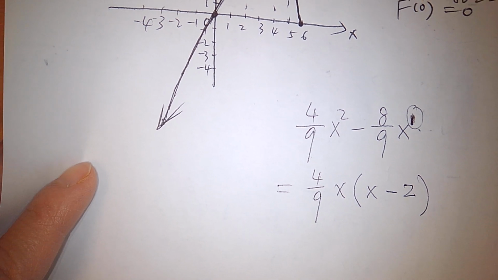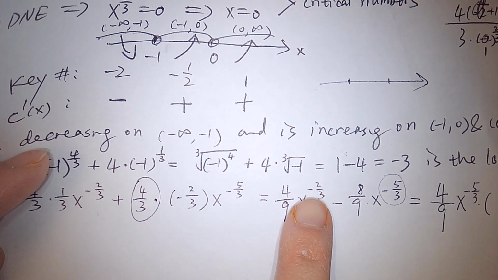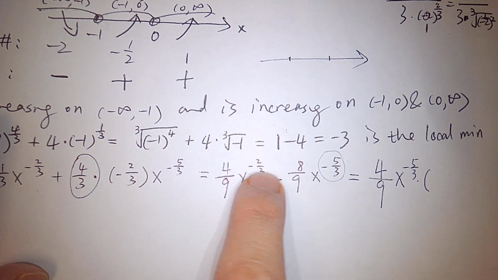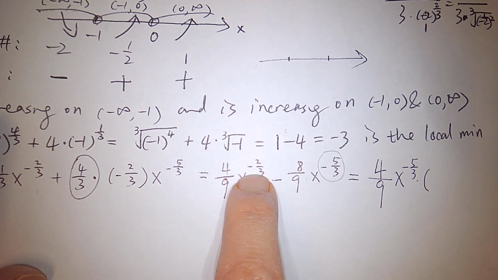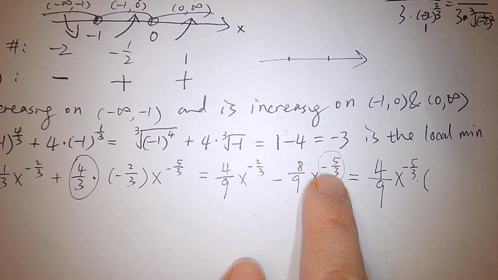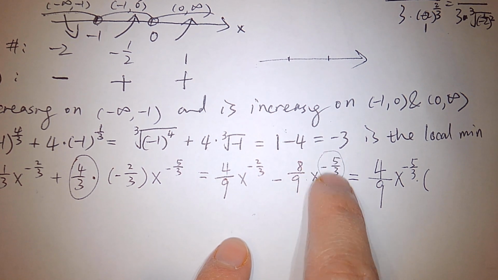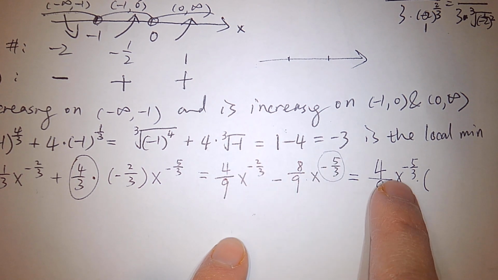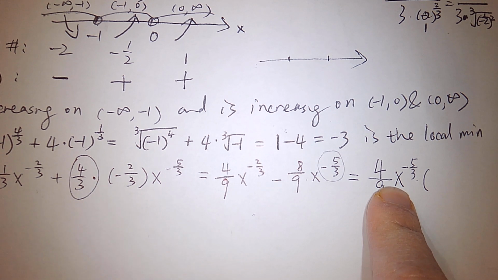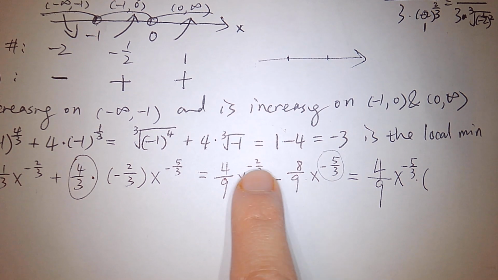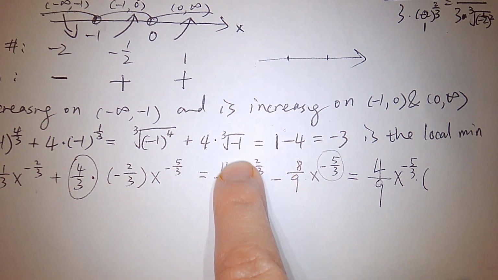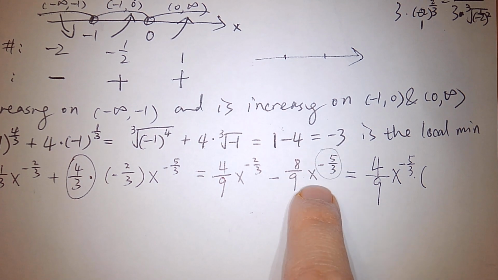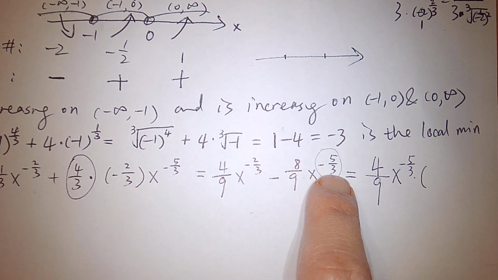Same thing here. When we are having negative 2 thirds and negative 5 thirds, it's so hard to know which exponent we should factor out. But because we know negative 5 thirds is smaller than negative 2 thirds, we factor the term with a smaller exponent. Always like this, okay? We're not factoring the x that has a bigger exponent. We are factoring out the x with a smaller exponent, okay?